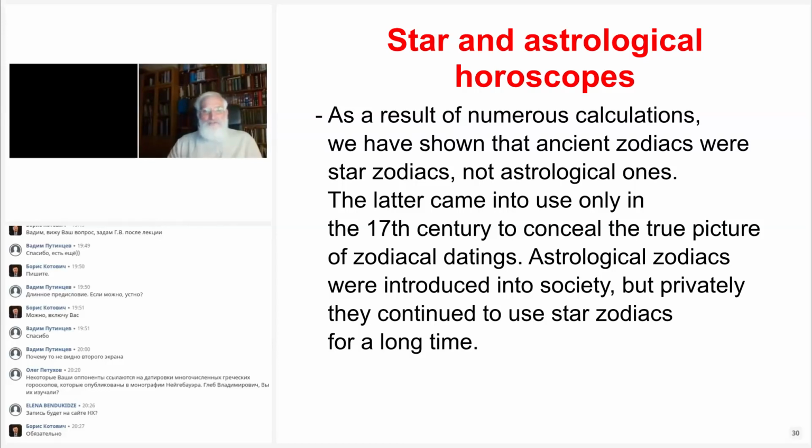But most importantly, they made the reference point variable, from which these 12 signs are counted. Not like in star zodiacs, where they are just sets of stars that are fixed in place on the sphere of fixed stars. They made the reference point variable, making it the point of the vernal equinox, which itself moves quite rapidly.